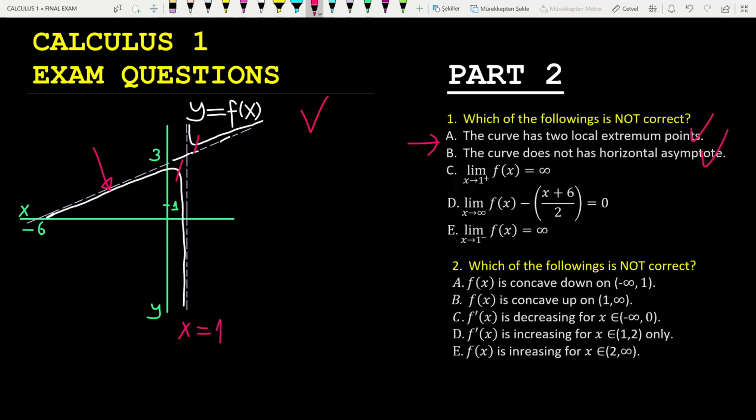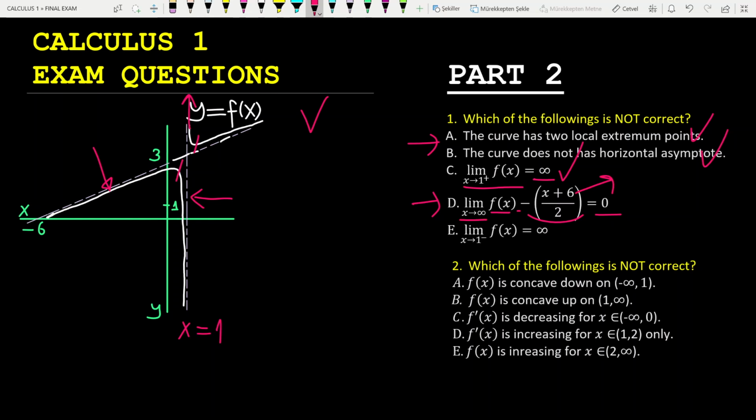C. When x tends to 1 from right, limit of f is infinity. If you approach the point 1 from right, you see that the function tends to infinity. This is correct.